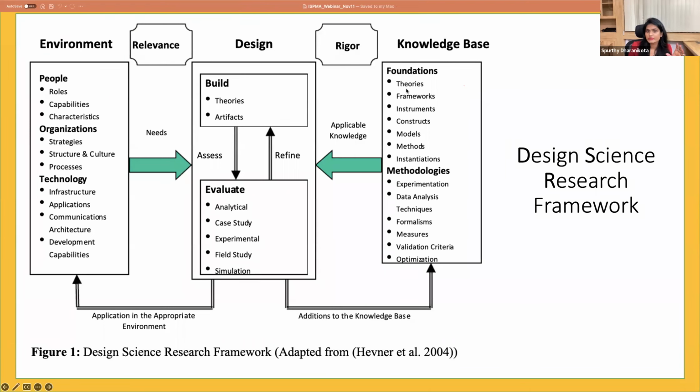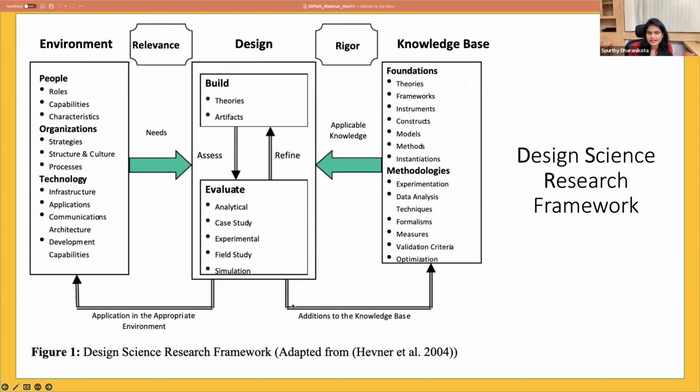The foundations could be in the form of theories, frameworks, instruments, and so on. And the methodologies could be in the form of data analysis techniques, measures, validation criteria, and so on. So you as a researcher would rely on this knowledge base to actually build something new, something novel and better than the ones that already exist. And then you evaluate the artifact using this knowledge base.